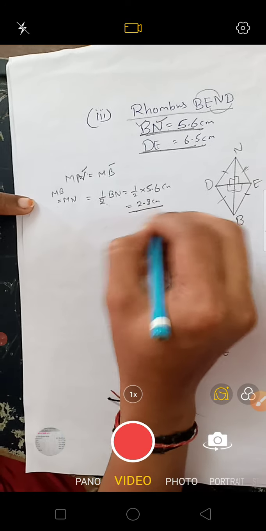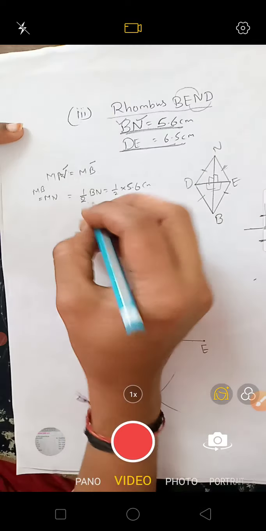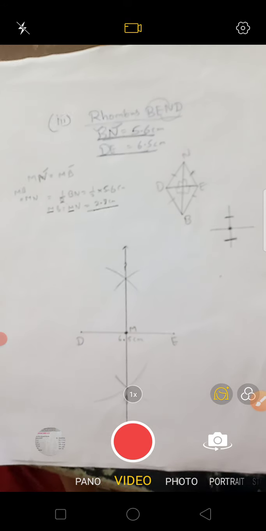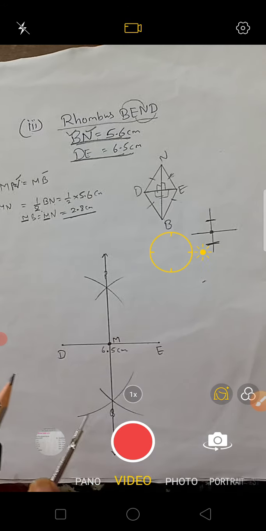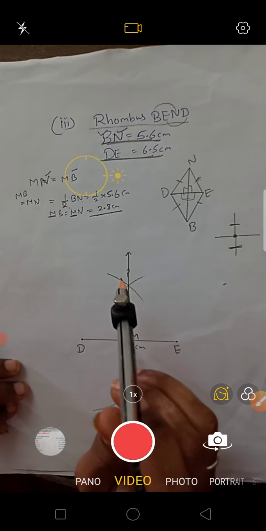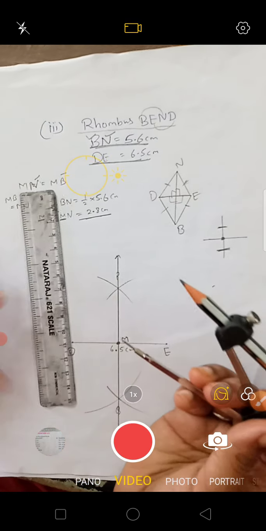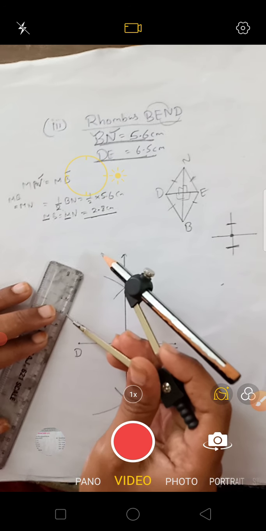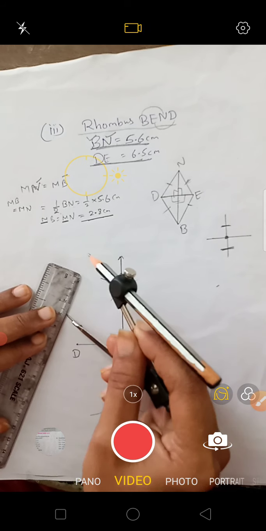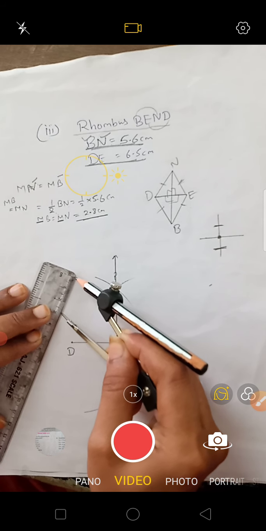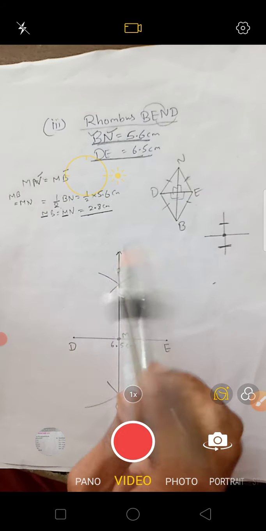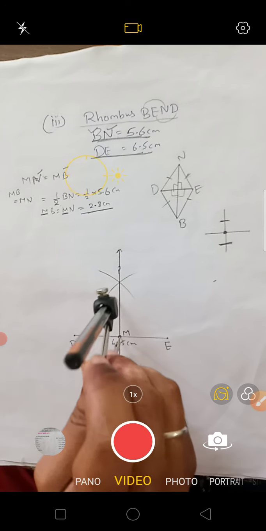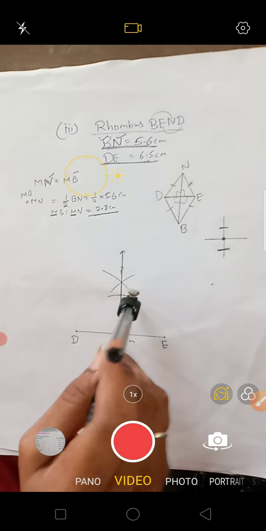So we take the radius 2.8 centimeters, and M is the center. Taking M as a center and a 2.8 centimeter distance with the ruler and compass, we draw the arc on the previous line segment we drew.